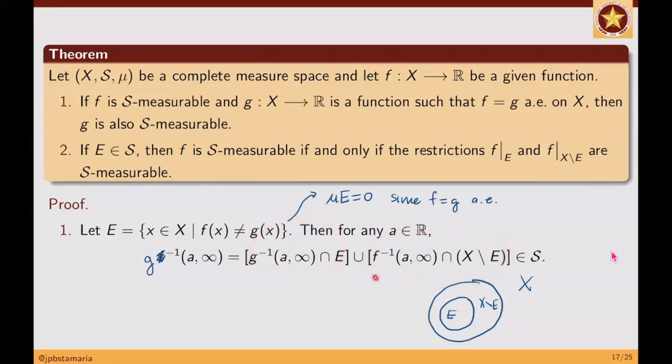Kaya parehas lang yung g inverse of (a, infinity) sa f inverse of (a, infinity) kasi nandito ka sa complement ng E. So do you get this? Why this is a union? Kasi dalawang cases yan, or, no? Itong intersection, and yan. Kasi sinasabi na ito, ang g of x mo greater than a, at the same time yung x mo nasa E. Okay. Question, bakit ngayon ito nasa S? Bakit ang conclusion nasa S, no? Let me explain.